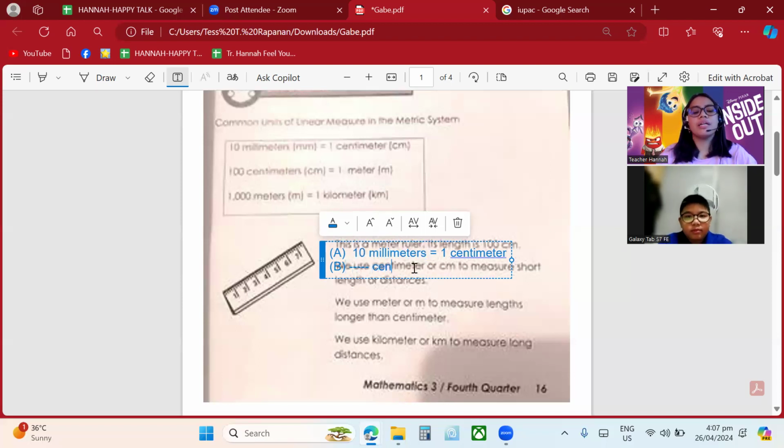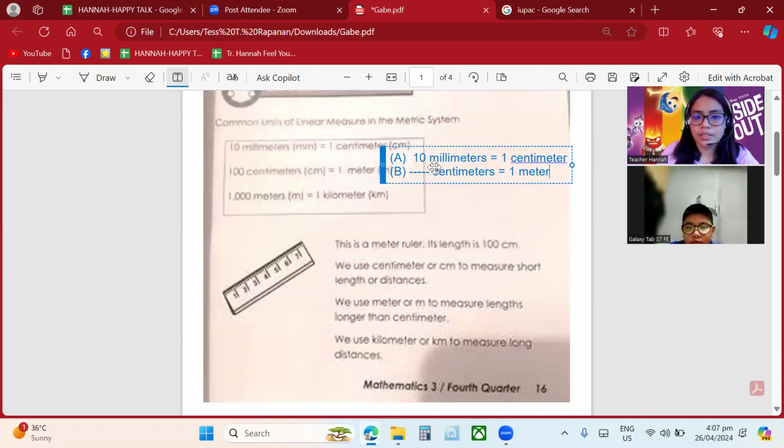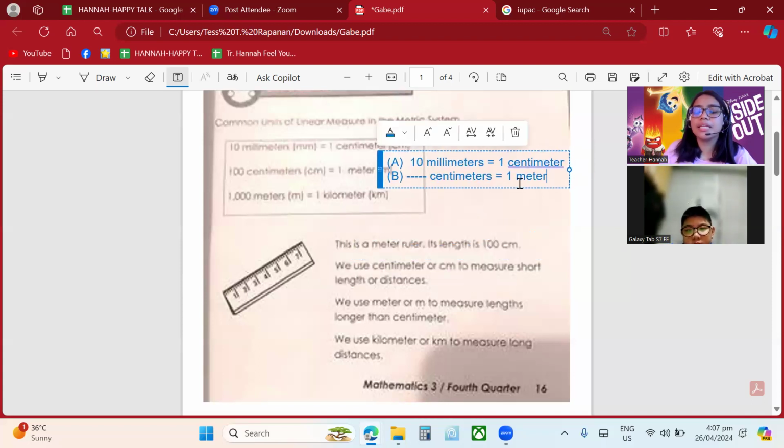Now, how many centimeters are there for 1 meter? 100. Very good.